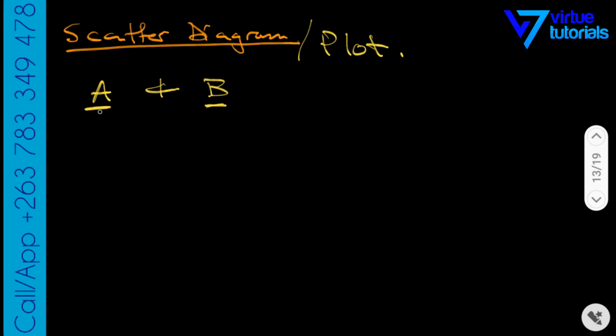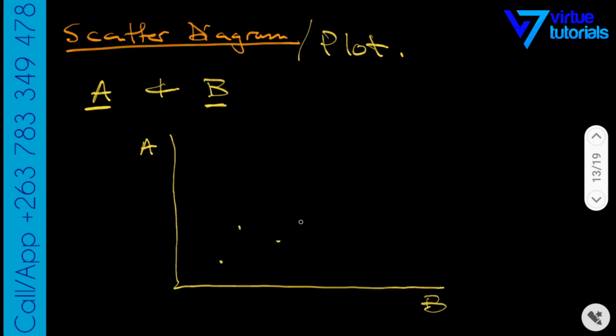If I change one thing, will the other thing change? So typically, you will have a graph with two axes. On one axis, you have one variable A. On the other axis, you have another variable B. And then as the experiment is conducted, the person plots some points or readings that they get from their experiment.